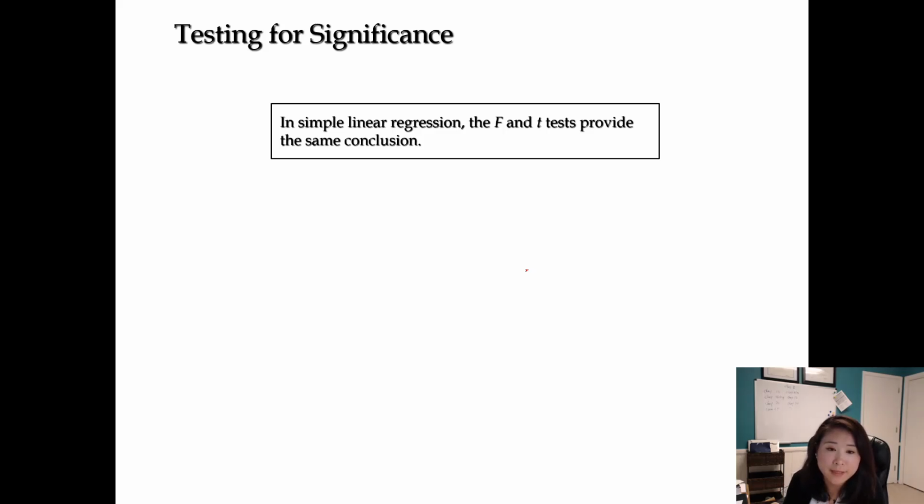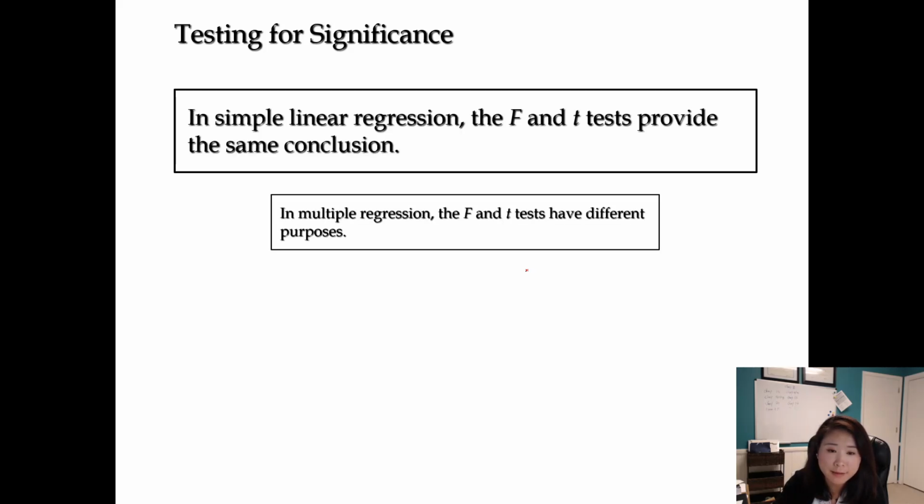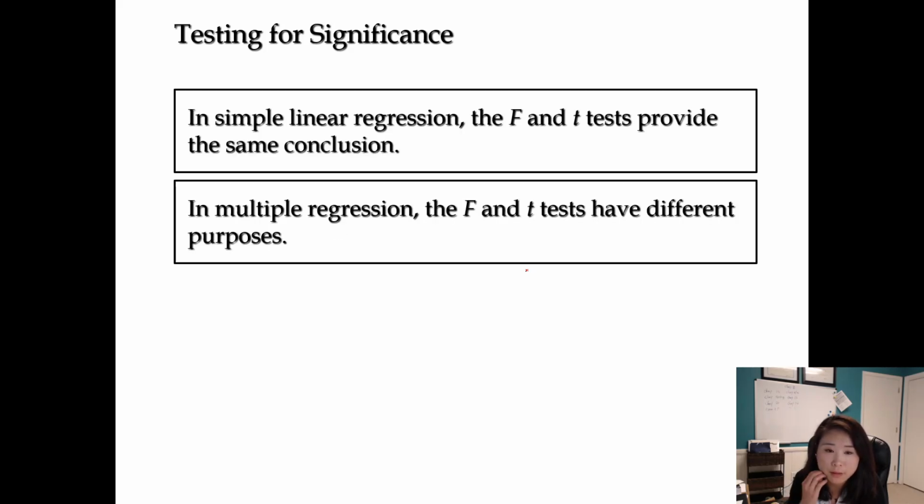For the hypothesis testing, we have exactly the same two tests, the F-test and the t-test. However, I want to emphasize that in the simple linear regression model, the F and t-test are the same test. That's why in chapter 14, you see the results are the same, even the p-values are exactly the same.